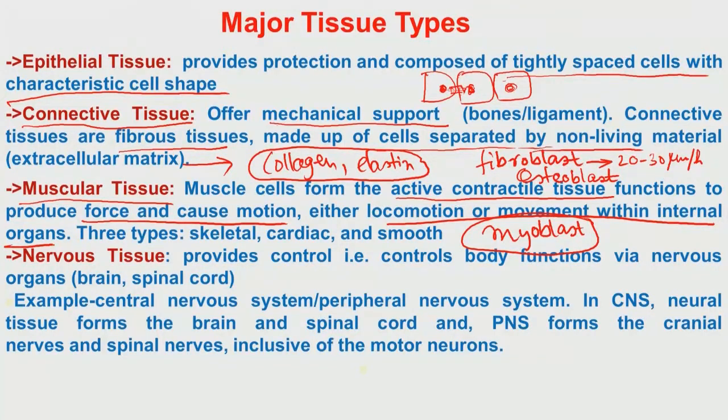So, there are three types of muscle tissues in your body. One is the skeletal muscle tissue, second one is the cardiac, and third one is the smooth muscle tissue.